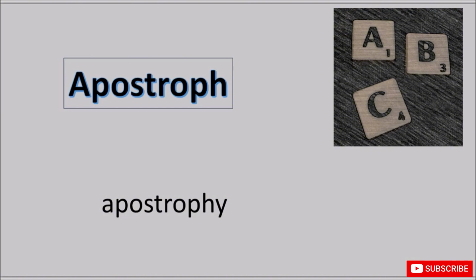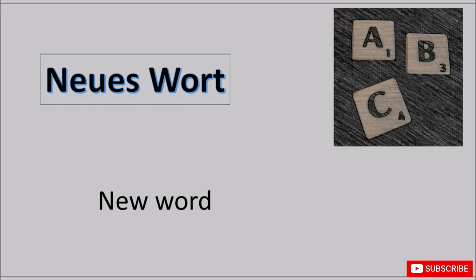Apostrophe, the apostrophe. Now you don't normally have it in names, well, not surnames or anything, but it may come up in a name. Neues Wort, new word. Say, for instance, you lived at Land's End and you had to spell it.